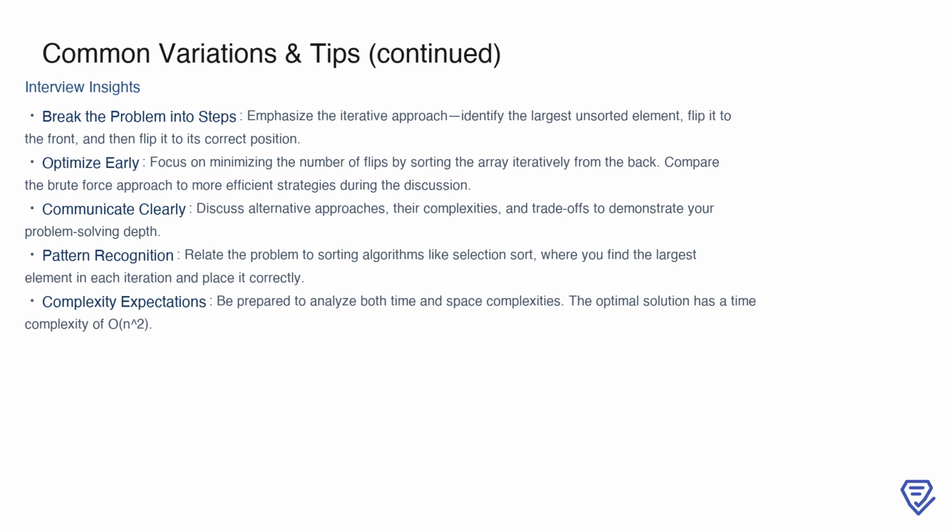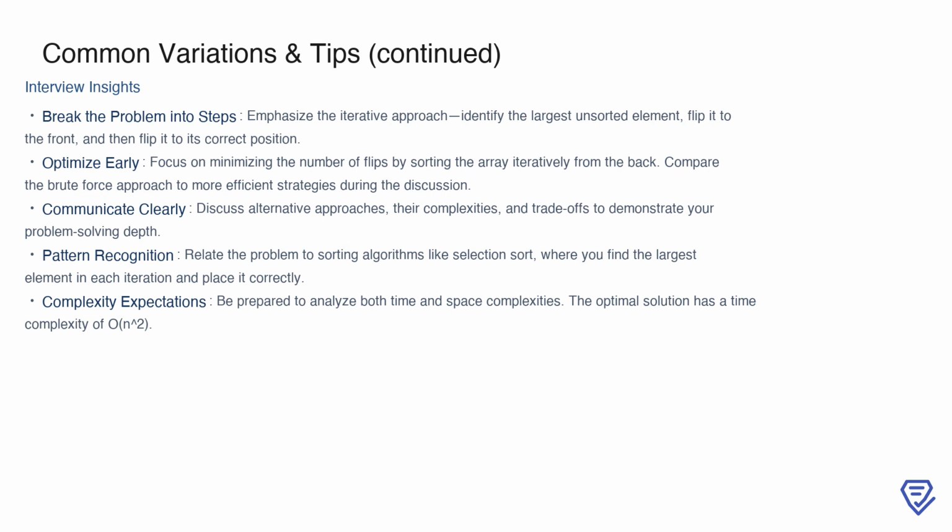To excel in interviews involving pancake sorting, it's helpful to break the problem into clear steps. Focus on the iterative approach: identify the largest unsorted element, flip it to the front, and then flip it to its correct position. This process minimizes the number of flips needed. It's also important to optimize early.